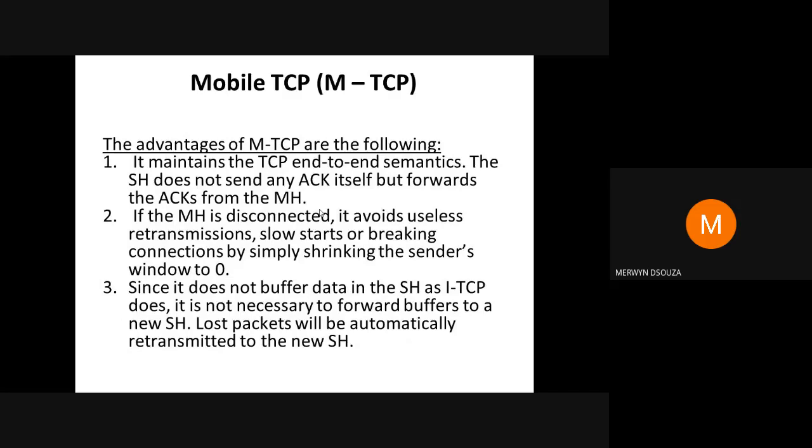So the sender is choked, and therefore slow start is avoided. And the third advantage is, since it's not buffering any data, it's not necessary to forward the data to a new supervisory host. Lost packets will be sent automatically by the sender to the new supervisory host.